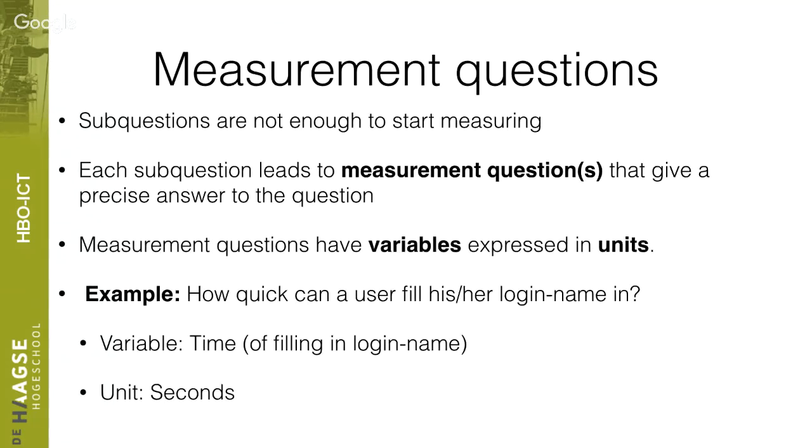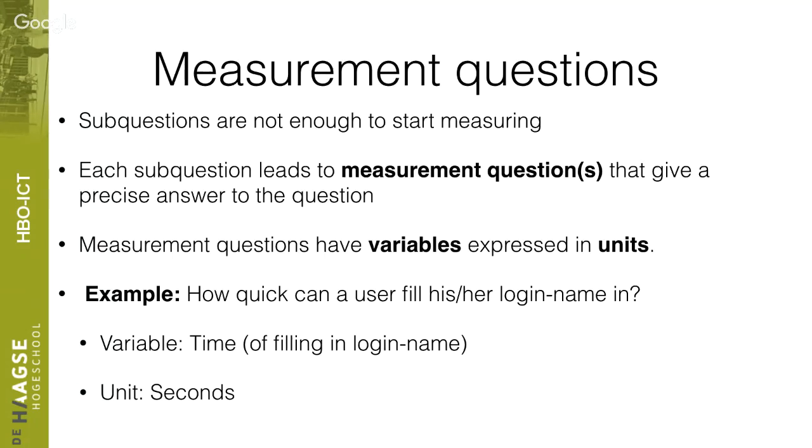Each sub-question leads to a measurement question, one question or multiple questions. And for these measurements, you have variables and units. So we are going to measure how much time it takes to plan a specific route. So it's the route planning time, and it's measured in units, which are seconds or minutes.